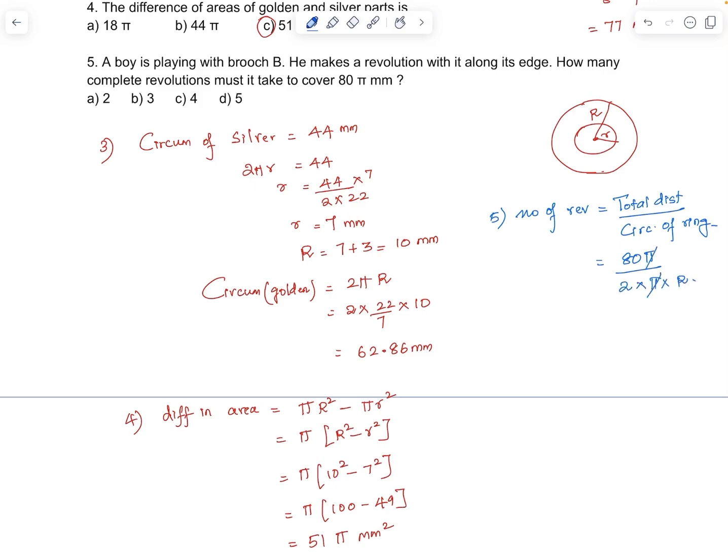The pi can be cancelled, so we are left with 80 upon 2 into 10, which is 4. So it takes 4 complete revolutions to cover 80 pi millimeter. So the option is C.